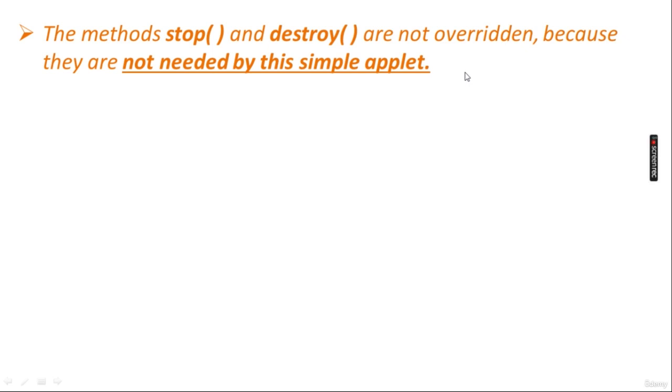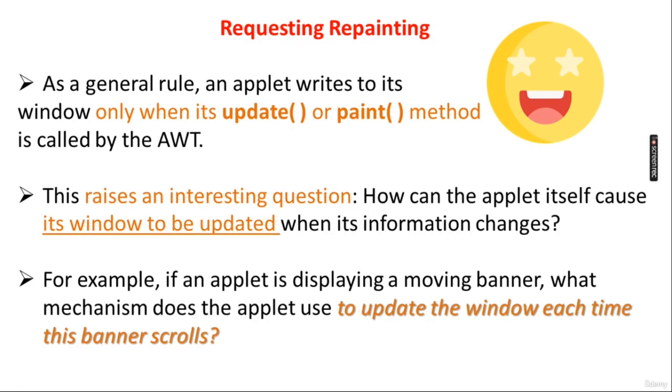Most of the time, init, start and paint are the three that are generally overridden. Stop and destroy are not commonly used in all applets. So it depends upon you when you call or override these methods.